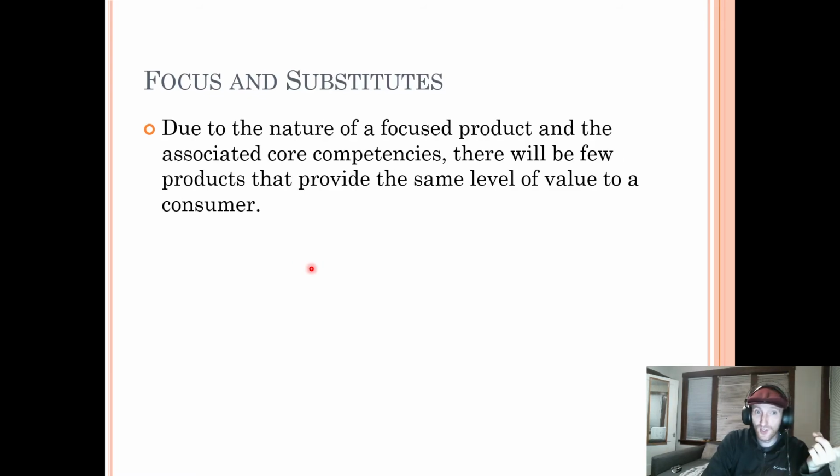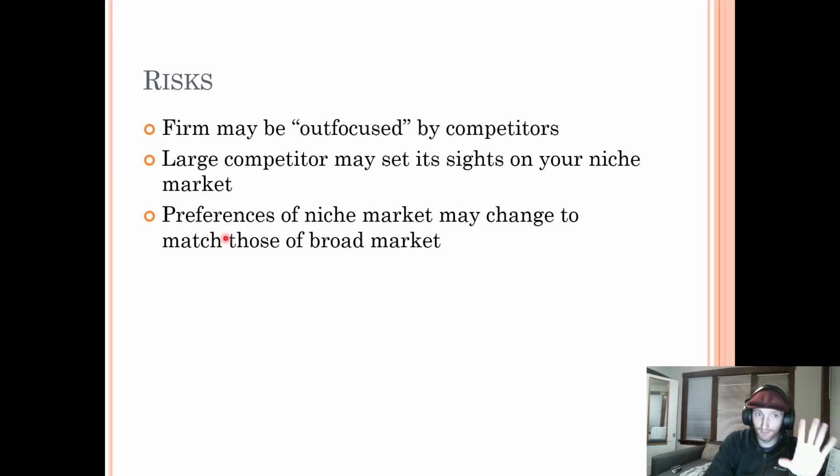And with substitutes, hopefully, if you're focusing well with your product and your associated core competencies, there are going to be very few products out there that would provide the same level of value to your consumer. All right, so that's the five forces here. With risks, right, a firm might potentially be out-focused. There's a risk of being out-focused.